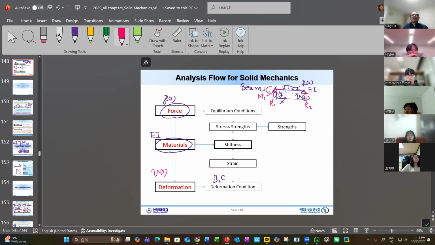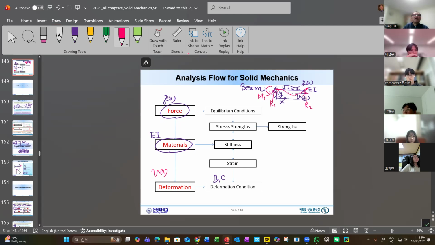Here, just a simple support, the rotation is allowed. So when you draw, pay attention. I draw like this and that. Here, rotation is not allowed and deflection is not allowed. But here, deflection is not allowed, but the rotation is allowed, so there is no reaction moment.